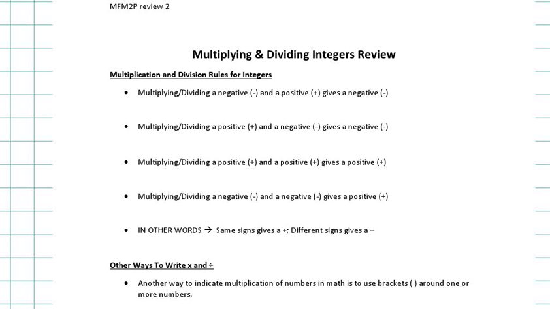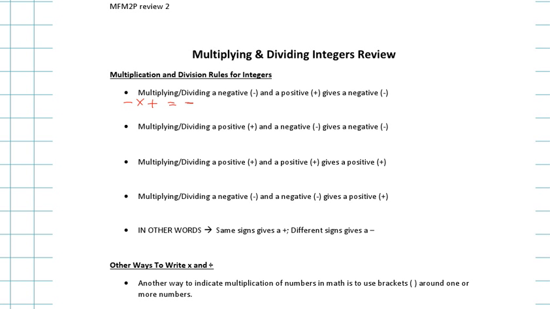So if you have a negative integer multiplied by a positive integer, you're going to end up with a negative integer. So this is when you have negative, positive, you're going to end up with a negative.